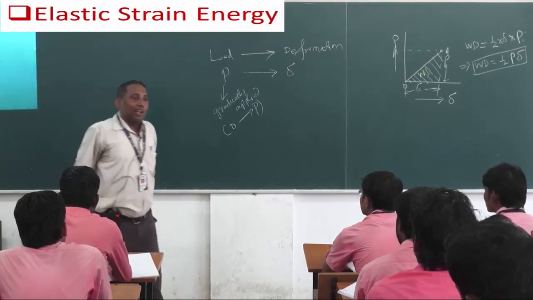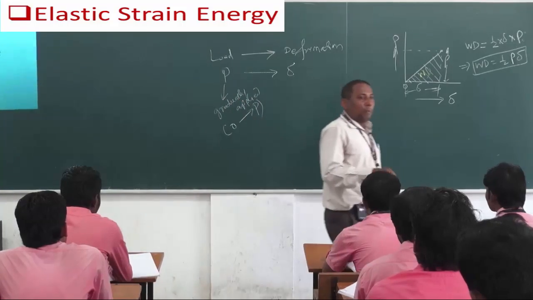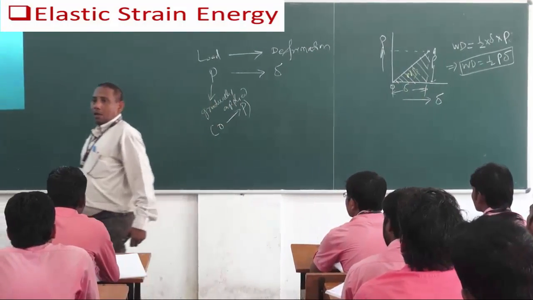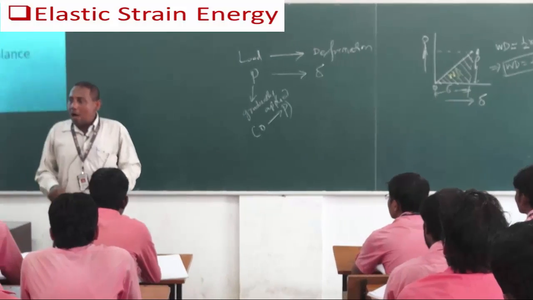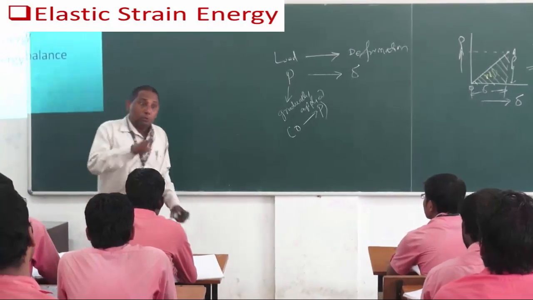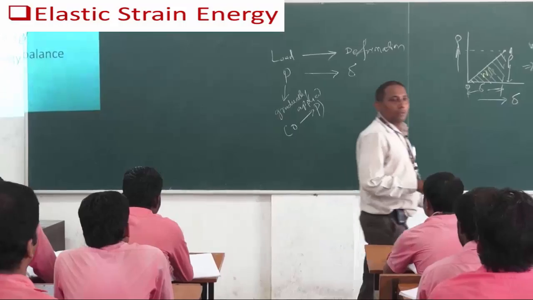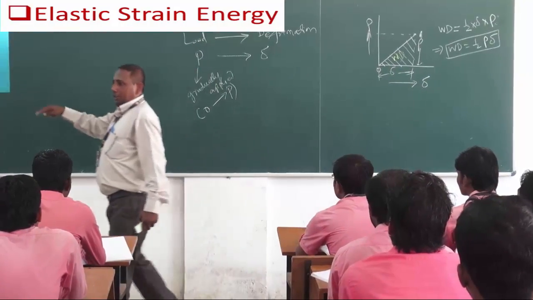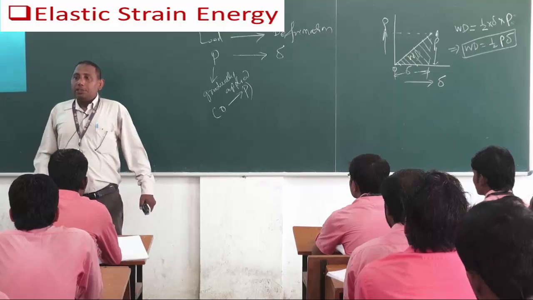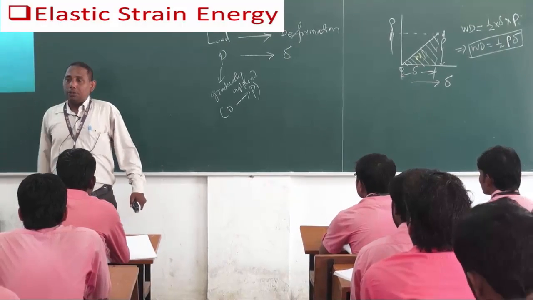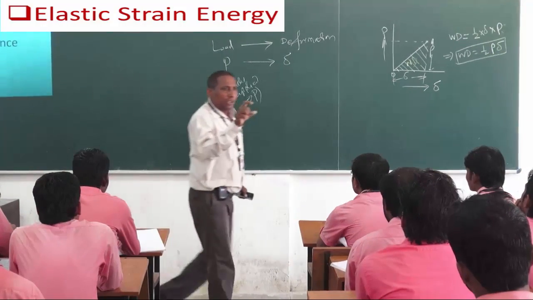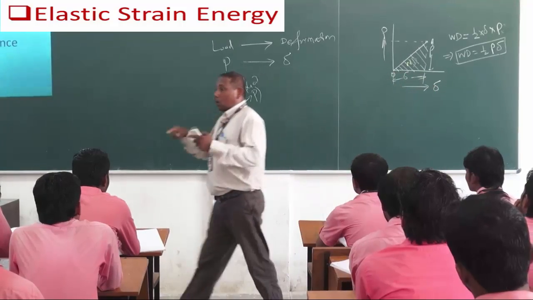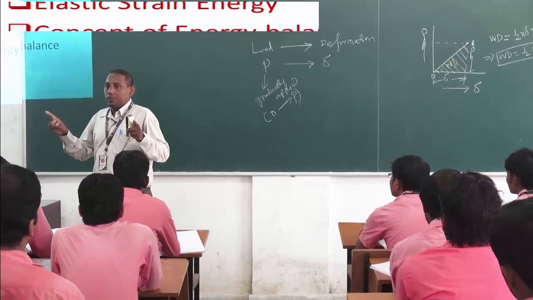In this way, the internal process produced within the body will do some internal work, and this internal work will be stored as energy within the body. And that stored energy within the body is known as strain energy. Why is it called strain energy? Because energy is stored due to straining action of the body.